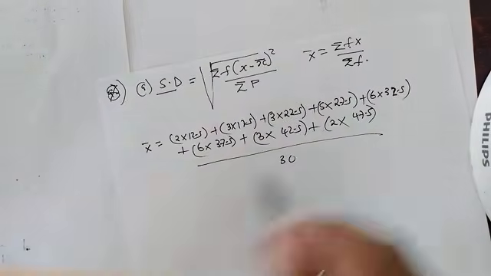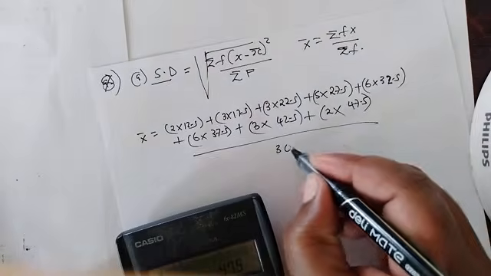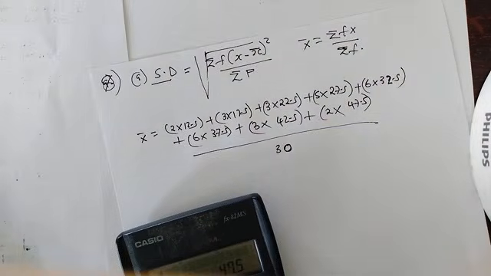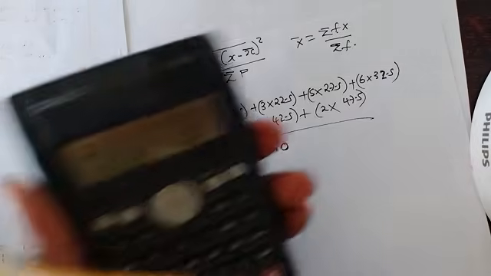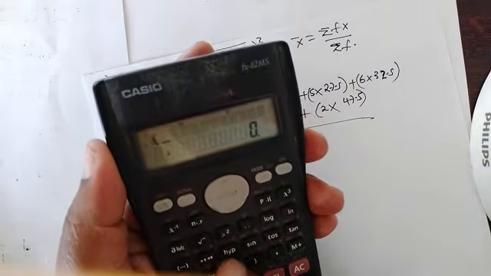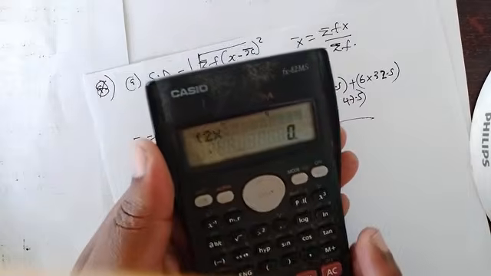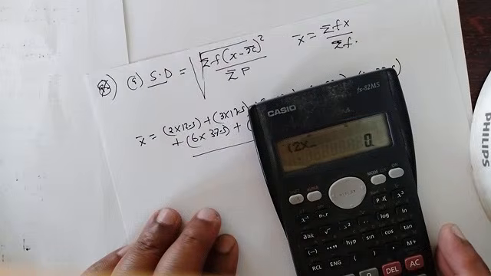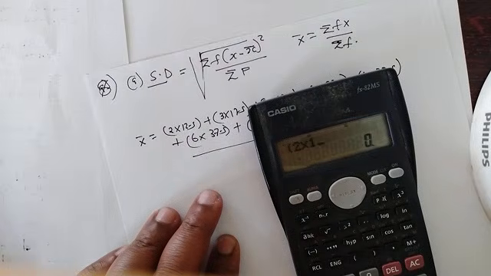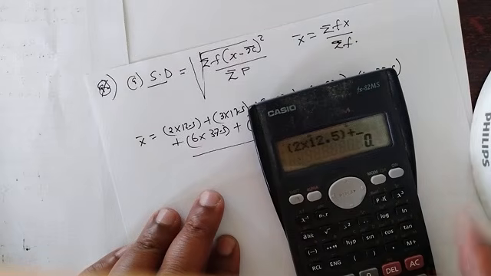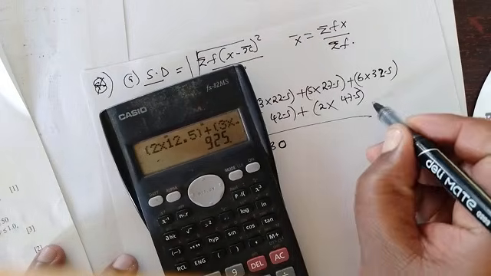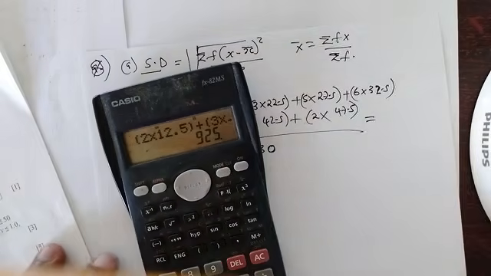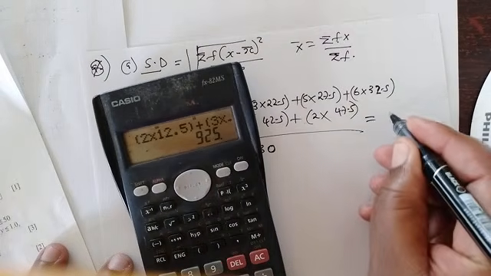Then you get your calculator and work it out. You say open the bracket, 2 times 12.5, close, plus everything here. When I add everything on top, you can see on my calculator, 925.